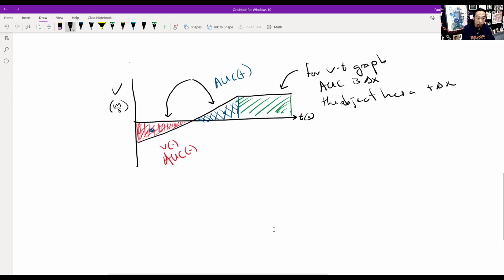And if we figured out what that area is, we could even write that displacement. Let's just pretend it's 20 meters, right? So it was 20 meters from the start, and we know it's positive because it's above the x-axis.